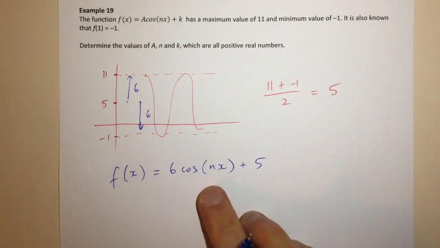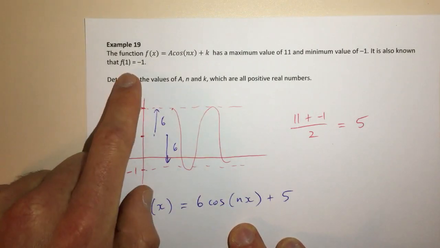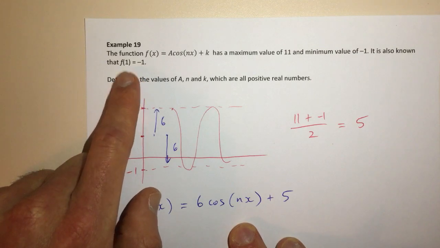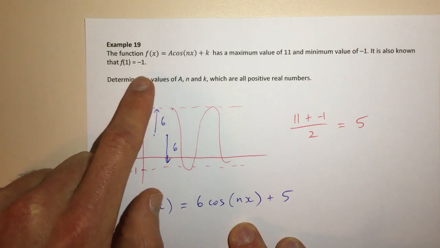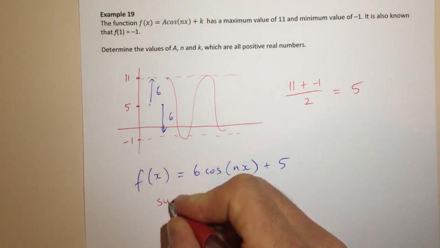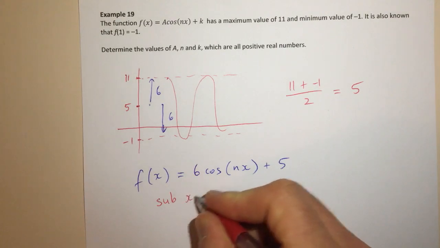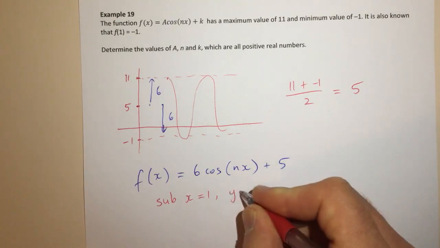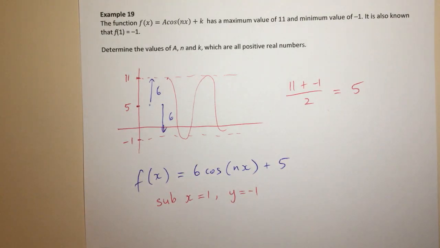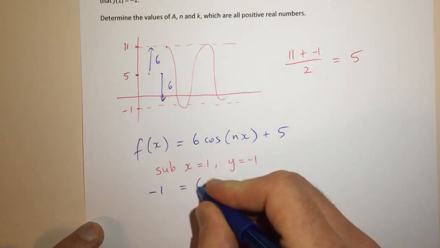What we don't have yet is the value of n, and the piece of information we can use to find n is this f of 1 equals -1. All right, so in other words, when our x value is 1, our y value, our function value, is going to be -1. So we're going to sub that point in, which is usually what we do when we're trying to find an unknown in an equation. Sub in x equals 1, y equals -1, and see if we can solve this for n.